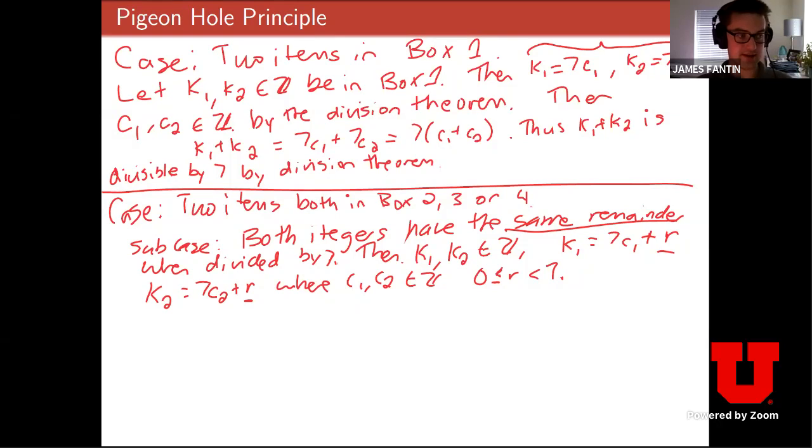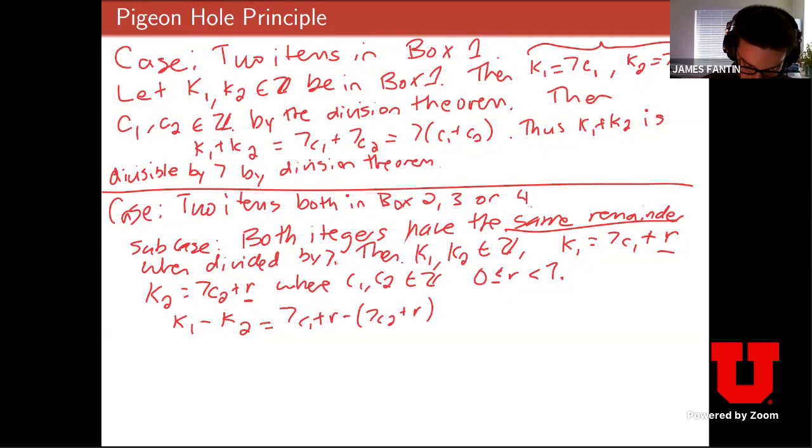So now the trick is we've looked at both of these two values, and remember, we're still proving that we want either the sum or the difference to be divisible by 7. Here we can show that the difference is divisible by 7. If we take k1 minus k2, that'll be 7c1 plus r minus 7c2 plus r.